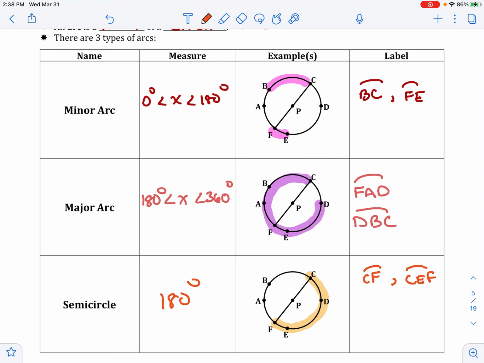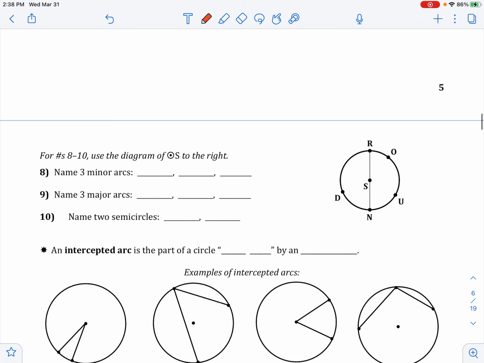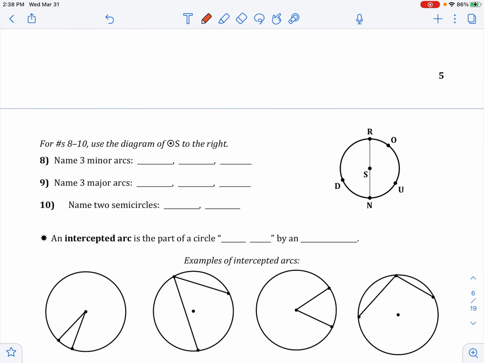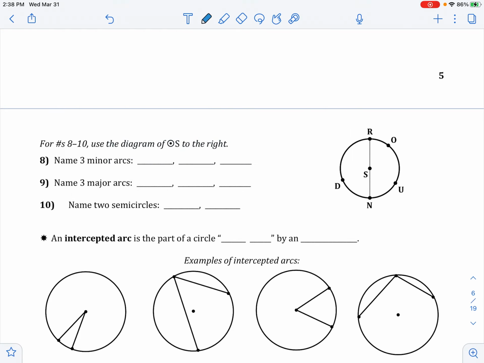On the next page, we're going to practice naming some arcs. We've got our circle, S, and they want us to name some arcs. There's probably lots of arcs we could name, but I'll just pick out a couple. One example of a minor arc could be arc RO.